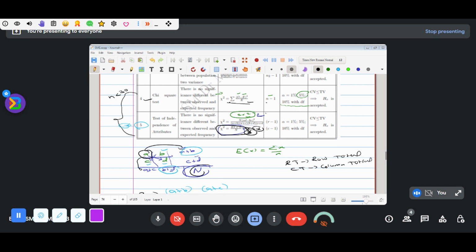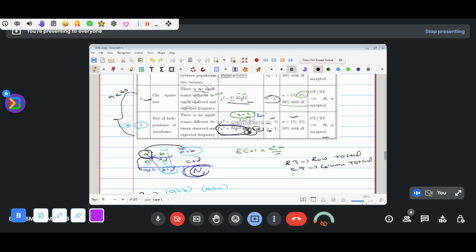Here degrees of freedom is n minus 1, but in this case degrees of freedom is r minus 1 into c minus 1, where r is the row and c is the column, then the table value and conclusion. This is the basic idea of chi-square theory. Then this is H naught: there is no significant difference between the observed value and expected value. Here also the same idea, observed value and expected value. This is the basic concept.